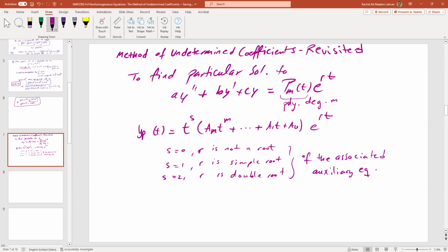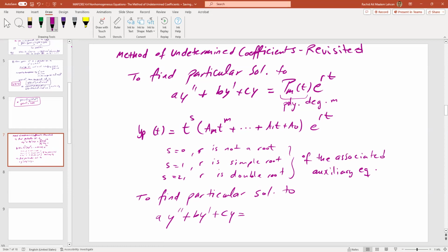So what if it's the other case where you're running into cosine and sine on the right-hand side, in the non-homogeneity side? So here we're going to take advantage and add more. To find the particular solution, the left-hand side is the same.